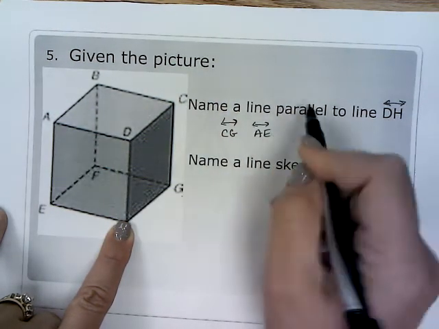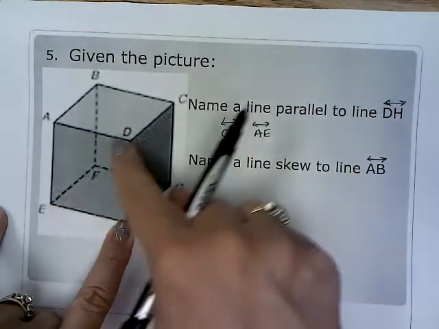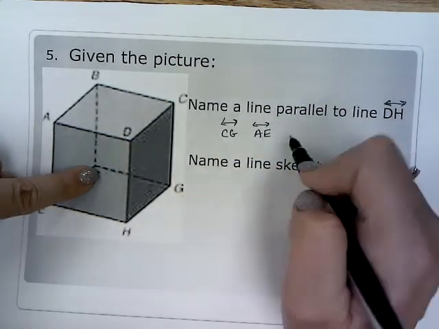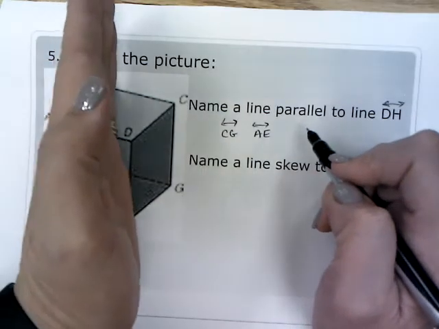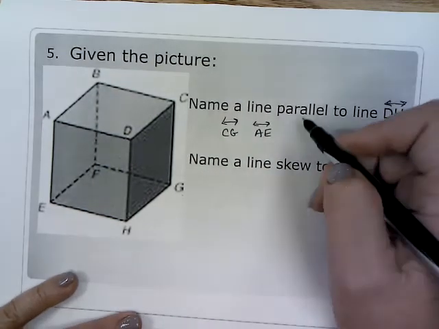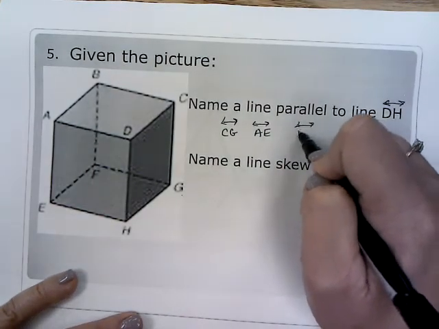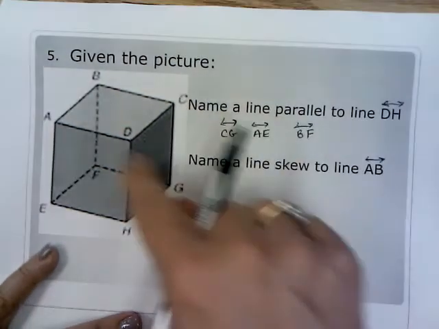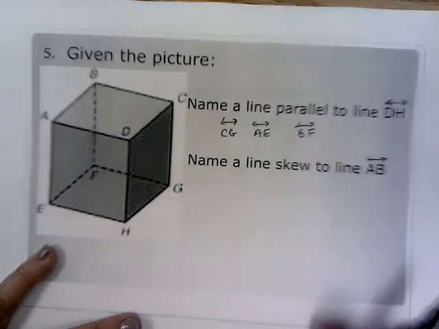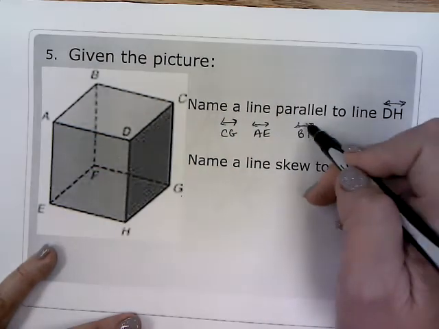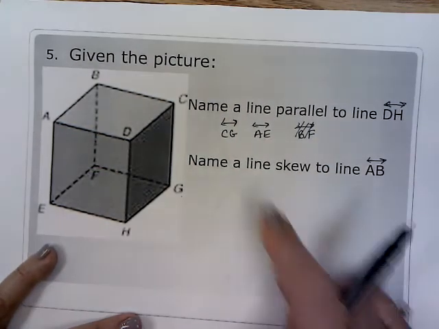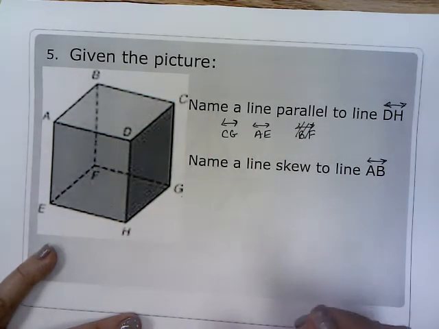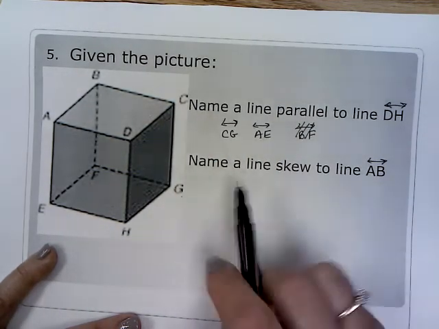Either one of those you would name, but both of those are parallel. And actually, BF, if we had that imaginary plane in the center, is also parallel. If you're only looking at faces, it would be CG and AE. If you're making the imaginary one, then it's BF. I prefer us not to look at the imaginary ones and just look at the ones that are given, but that can happen, technically not wrong.